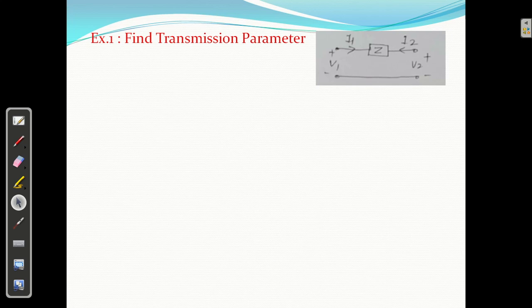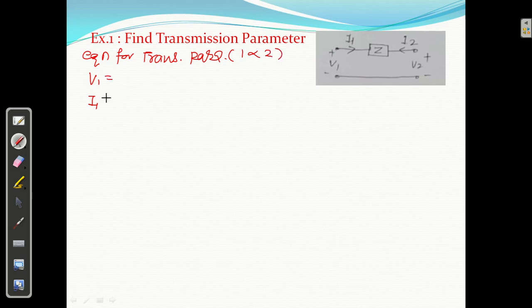Find the transmission parameter for this diagram. Now we know the equation for transmission parameter. The standard equation of transmission parameter: we know V1 and I1, quantities on 1 are represented in terms of quantities on 2.